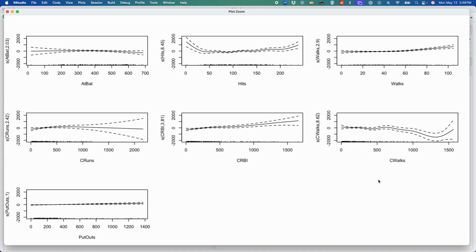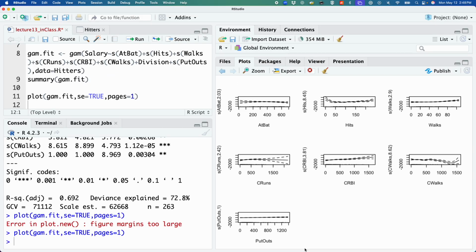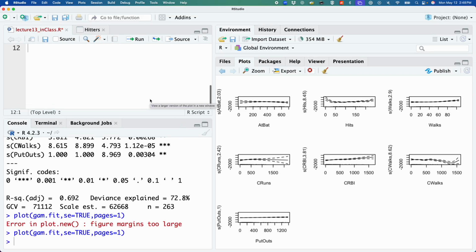So let's do this with the same example that we did from last class.